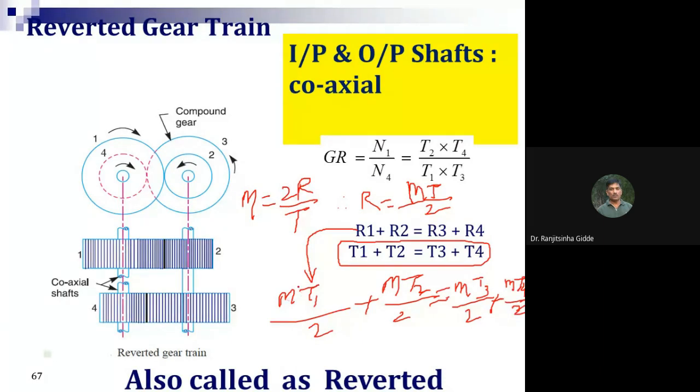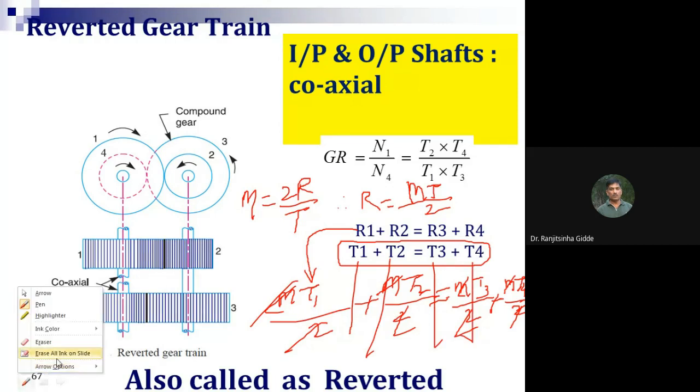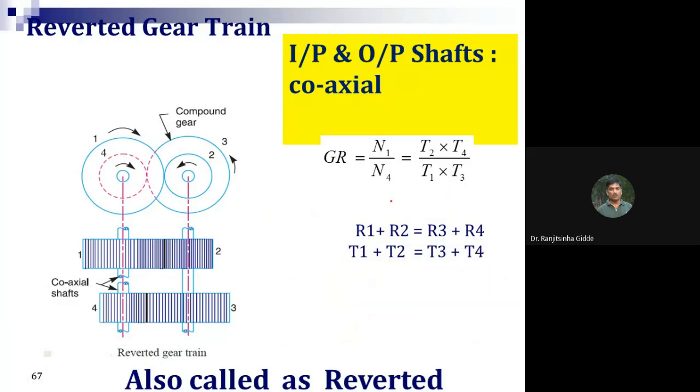So this m, this m, this m get cancelled from each term. This 2, this 2, this 2 get cancelled from each term. What is remaining? T1, T2, T3 and T4. Okay. So this is the relation for this reverted gear train, right?